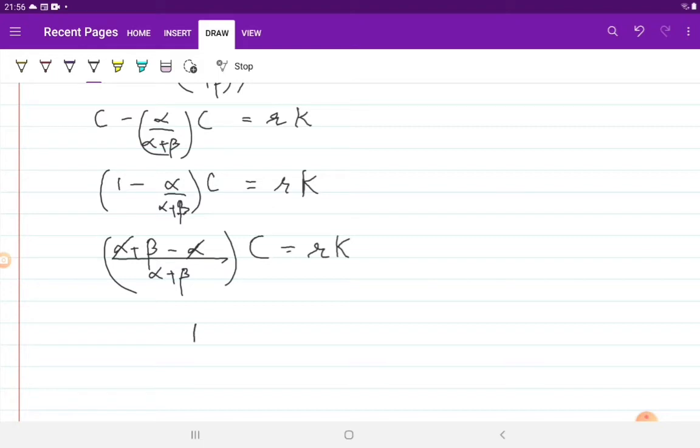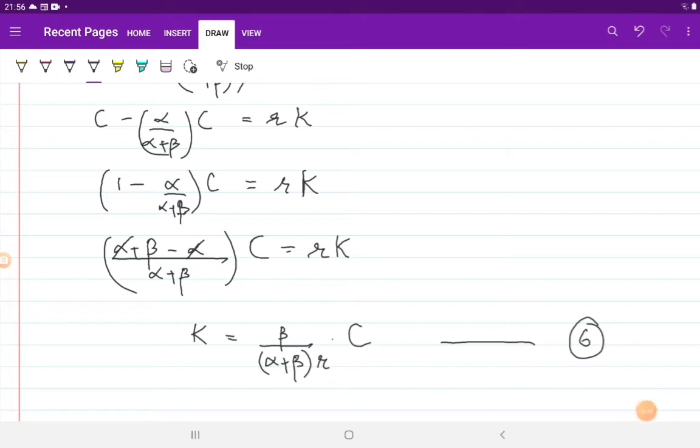And now I can write K in terms of C as beta by alpha plus beta times R into C. I call this relation 6.